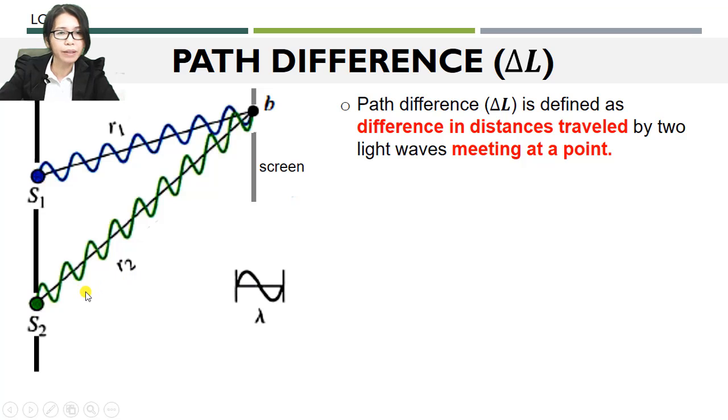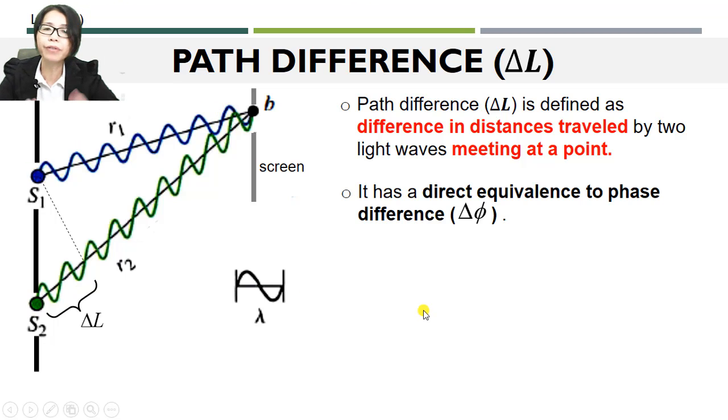And you can see that for S2, the light ray travels a longer distance compared to S1. So this is their path difference, whereby S2 travels an extra distance compared with S1.